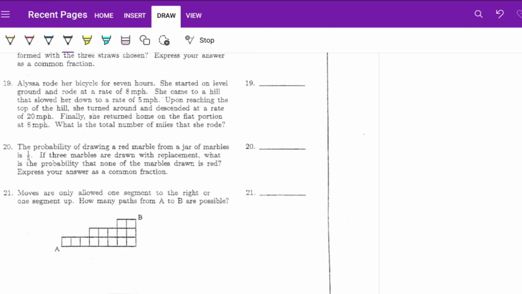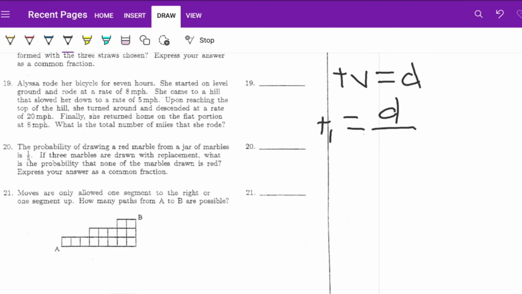So first of all, we need to know the distance, time, and velocity formula, which is time times velocity is equal to distance. So what we can do here is split it up and then combine it together. First of all, the time to ride on the flat ground, let's call the flat ground the distance D. We don't know it now, but we can change the equation around a little bit.